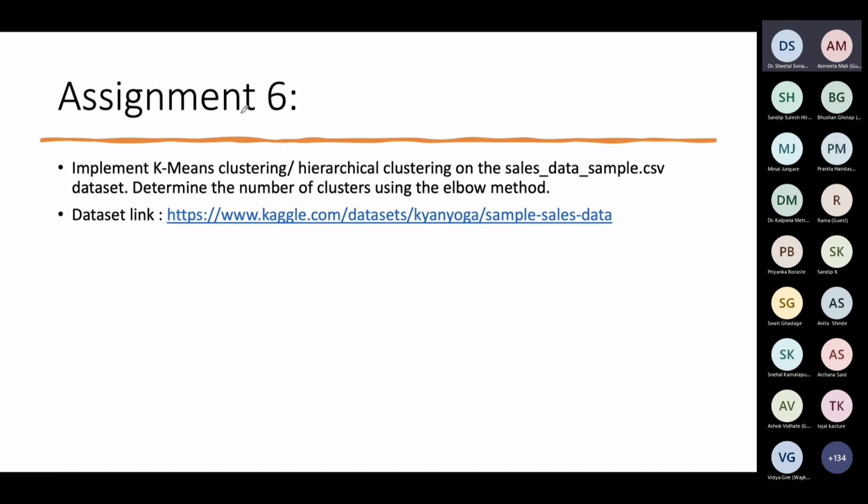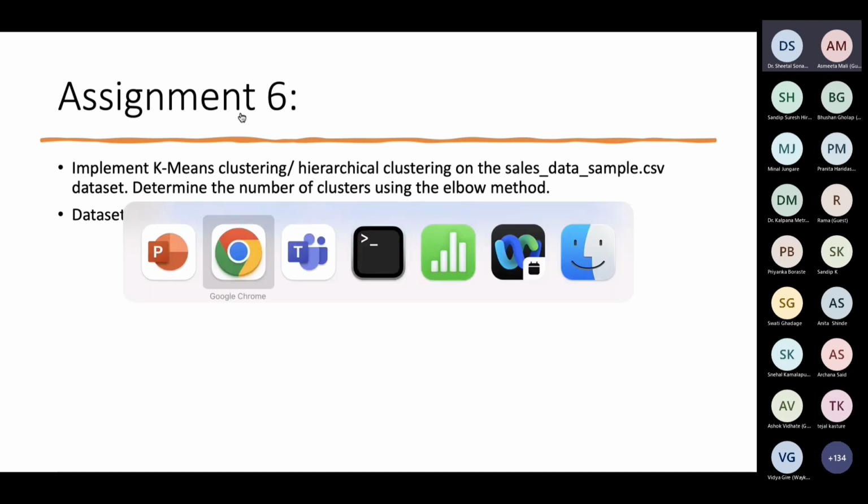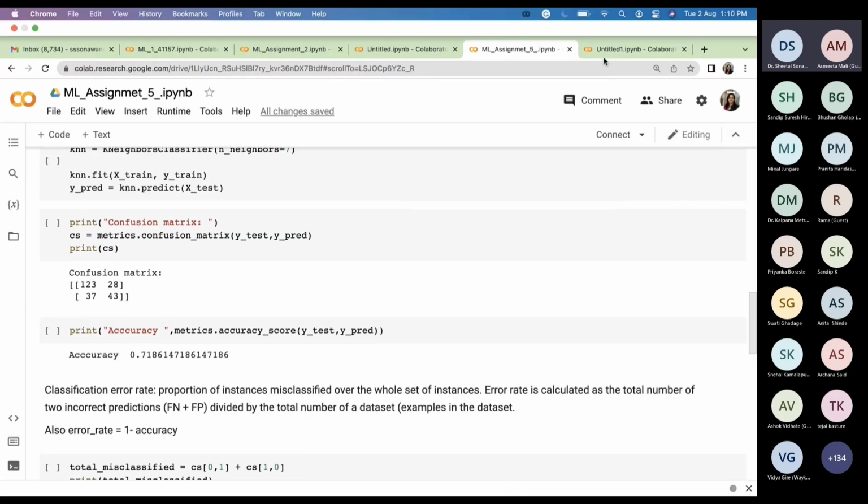If I'm using the elbow method and getting k equal to 4, then I take a random guess for the value of k, check the performance, and compare the performance of both methods. So they will understand the importance of the method used for finding the number of clusters. This is what is expected from the students in the assignment.